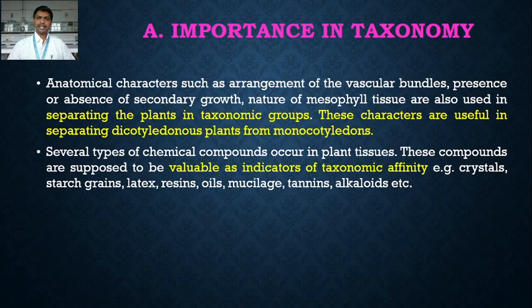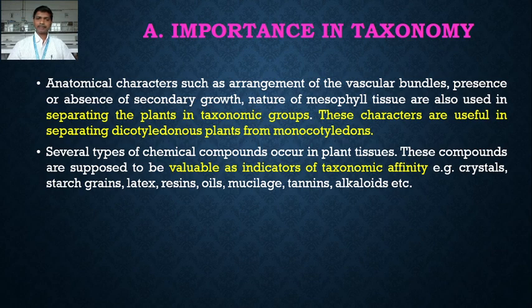These are the chemical compounds produced by specific plant tissues in the different organs of the plant, and they function as valuable indicators of taxonomic affinity. So these compounds can help categorize the different plant species into different taxonomic groups.